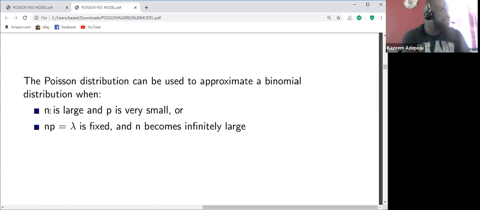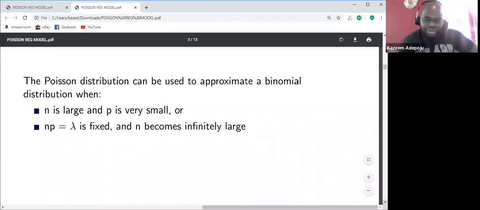It means n is large, which means the probability of getting an accident in that situation is going to be very, very small. That means it is a rare event, something that happens once in a blue moon. So in that situation, the combination of n and p is going to be lambda, and lambda is the rate parameter. That is the reason for that.